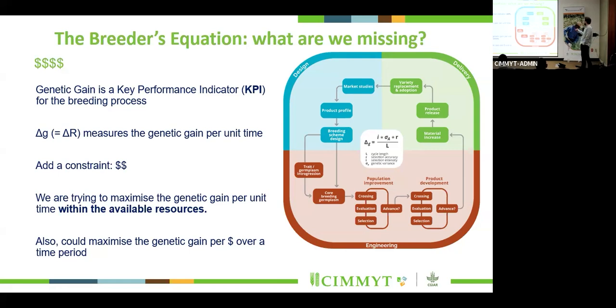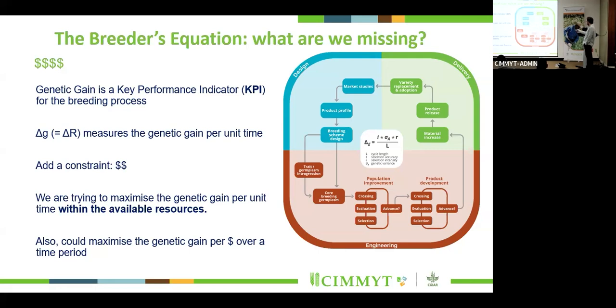And actually this scheme is set in a broader context. This is an EIB type diagram, so you've got population improvement, which is what we're talking about, processing, evaluation, and selection. This is where you're using the Breeder's equation, but then we advance lines, we still have to develop the products, we have to multiply.